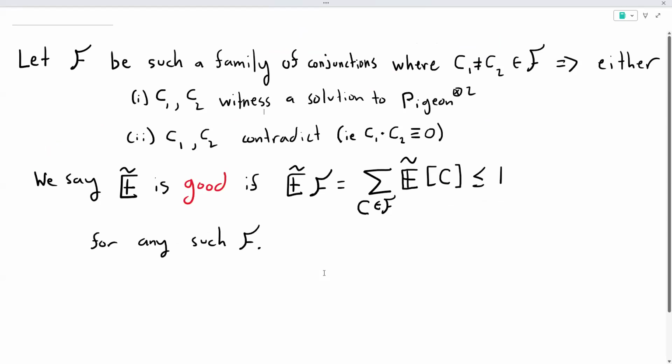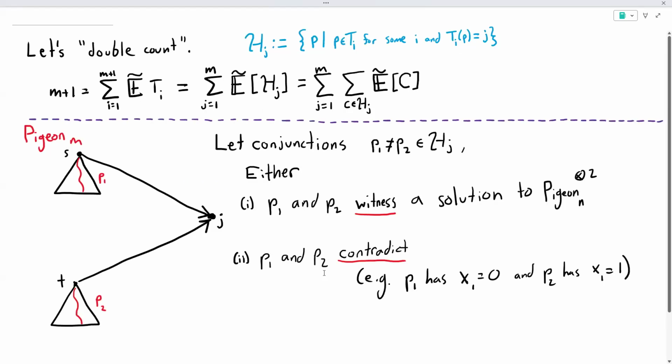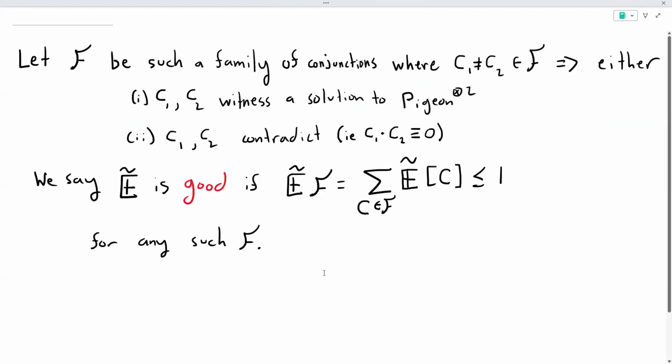Okay, let's abstract this exact property we have here for our pigeon protocol. So let F be a family of conjunctions where for any C1 not equal to C2 in F, either C1 and C2 witness a solution to pigeon squared, or C1 and C2 contradict.